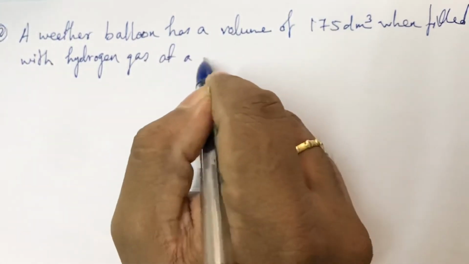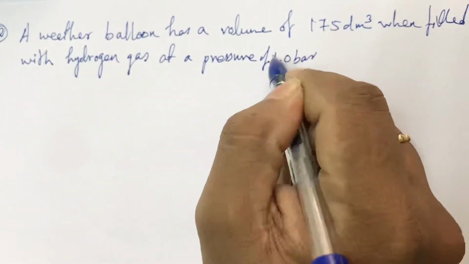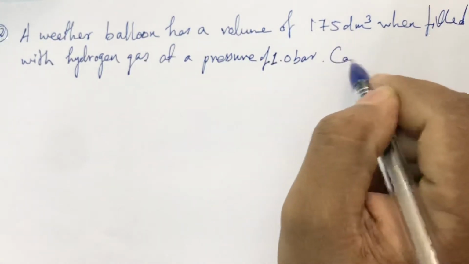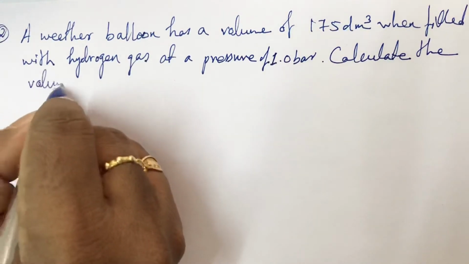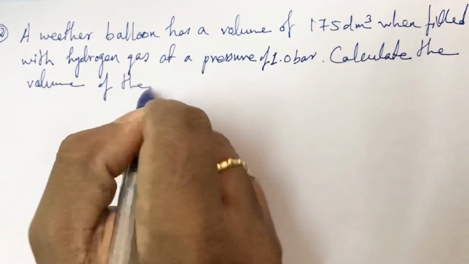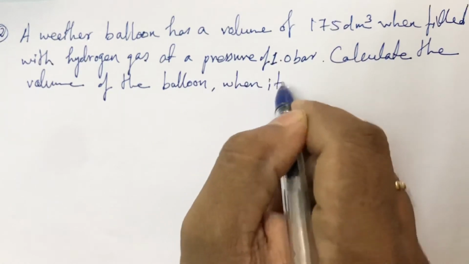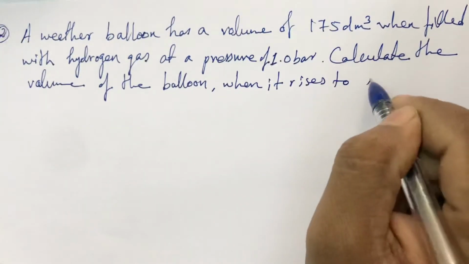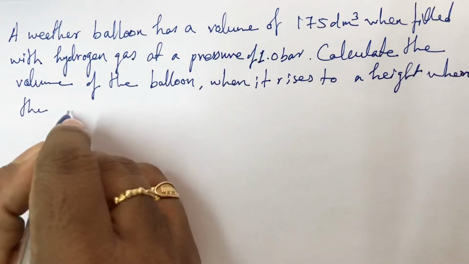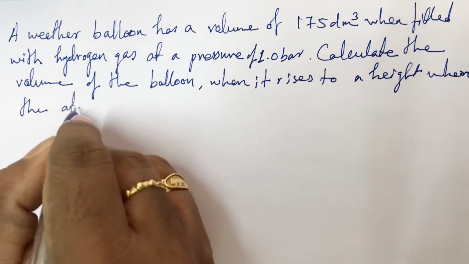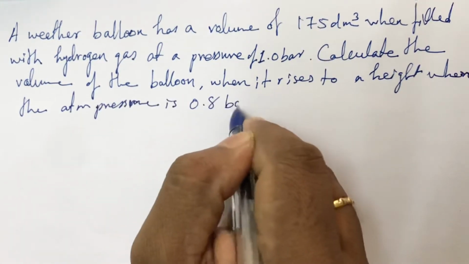At a pressure of 1.0 bar, or you can write 1 bar, calculate the volume of the balloon when it rises to a height where the atmospheric pressure, ATM meaning atmospheric pressure, is 0.8 bar.